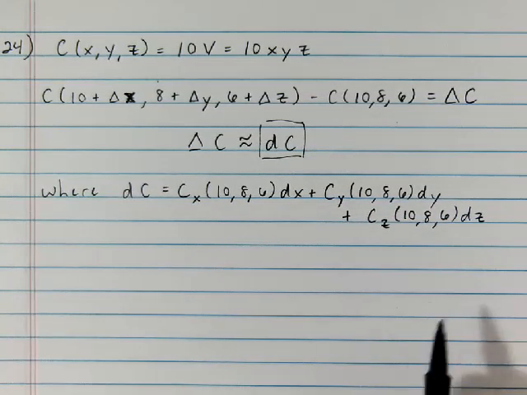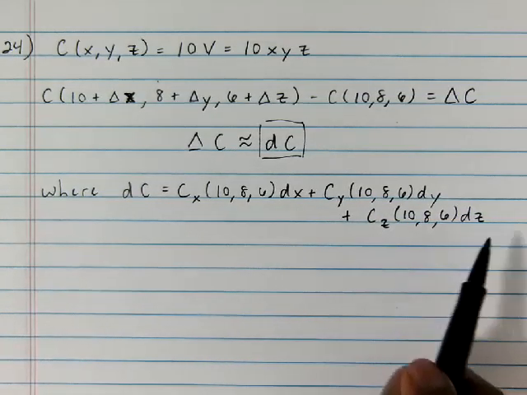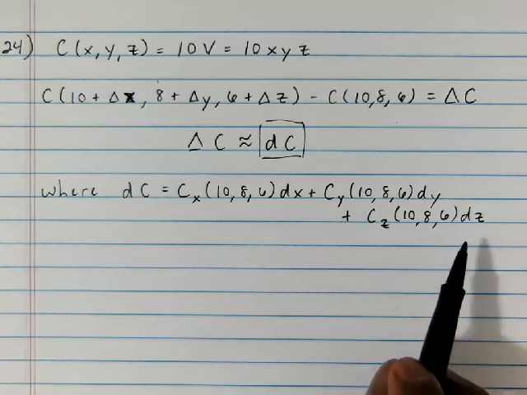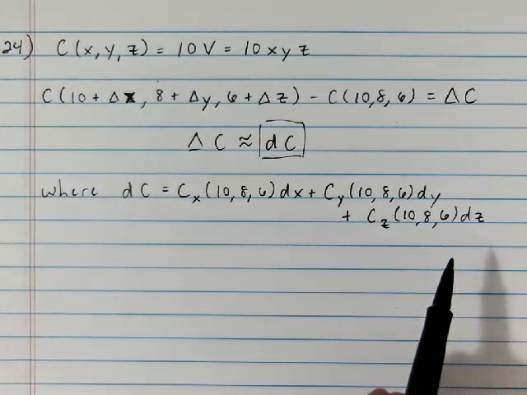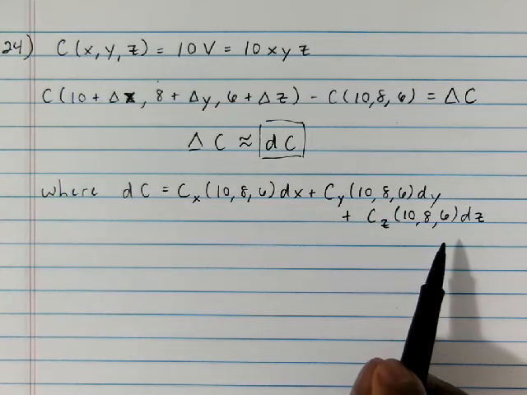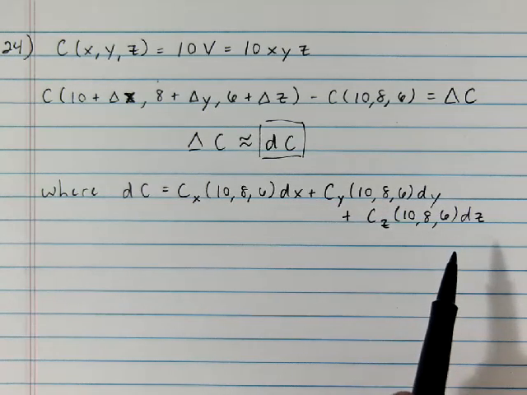And remember, dx, dy, and dz, if you remember from our previous video, either where I introduced the differential or where I drew the picture of what the differential is doing, dx, dy, dz, that's the same as delta x, delta y, and delta z.